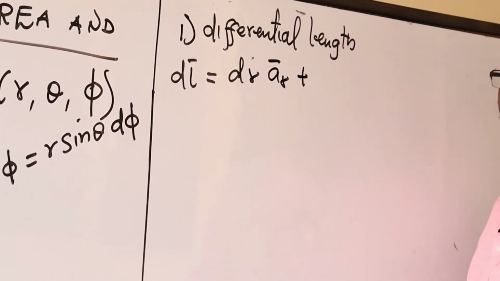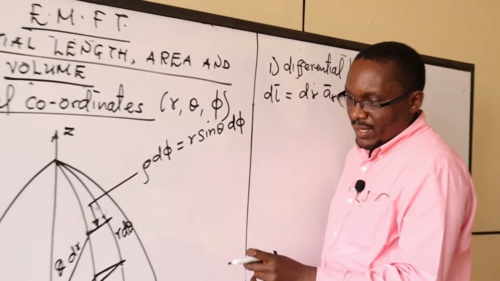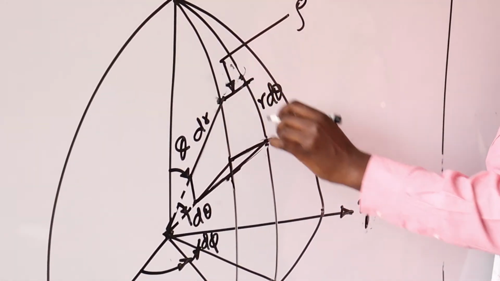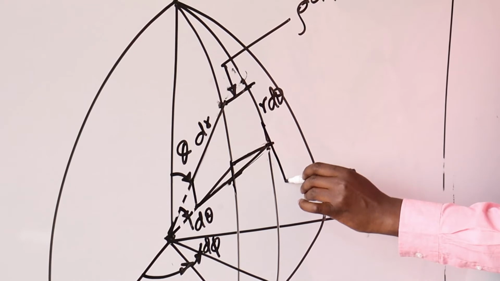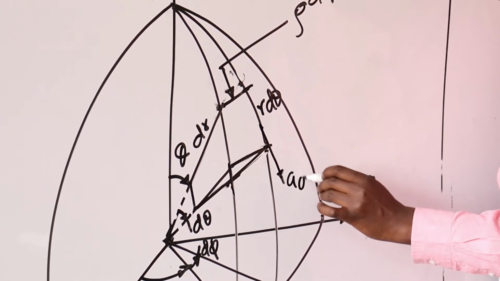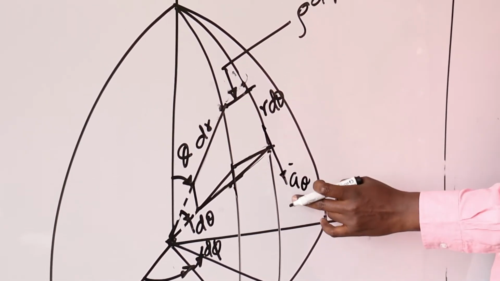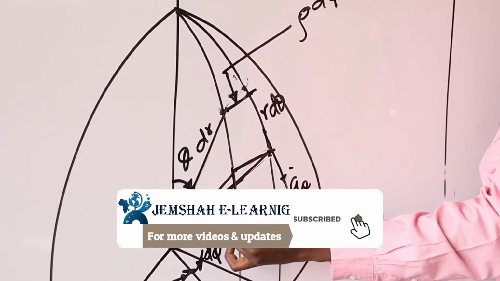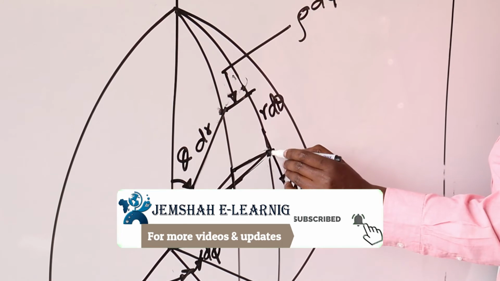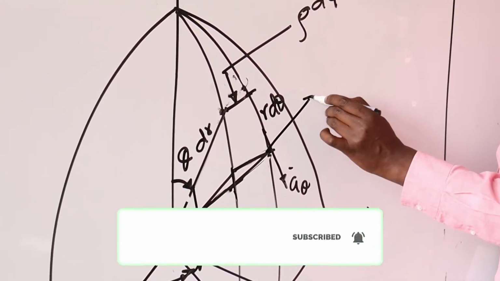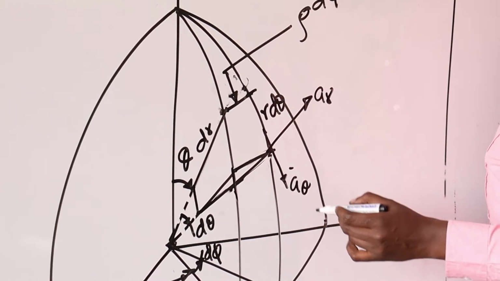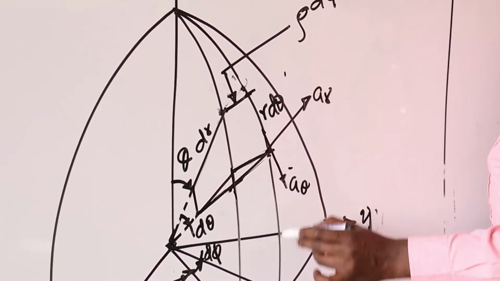Then next, this is our theta. I had not indicated that, but this is the tangential component in the a theta direction. That is our unit vector. Again, the unit vector in the r direction, this is a r, and the unit vector that is along the curve.